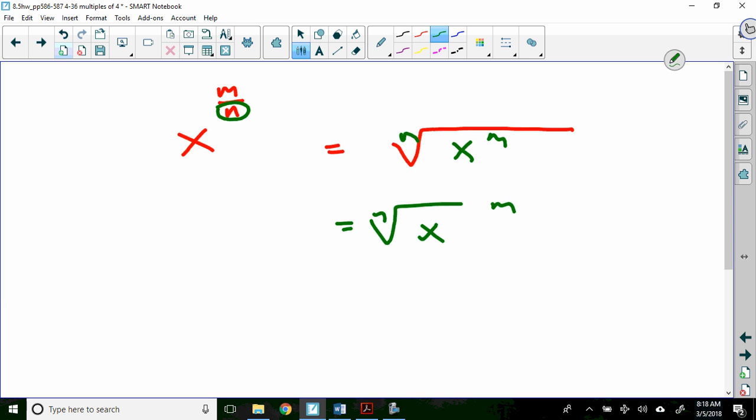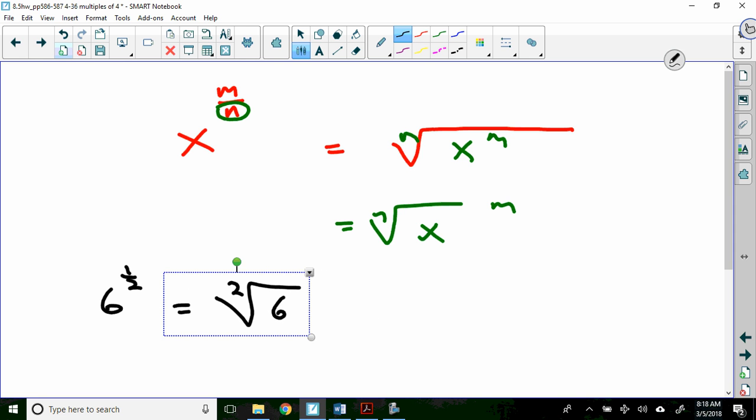So there might be a question on the quiz that asks you to rewrite something like this. I don't know. 6 to the 1/2 power. If you had to write 6 to the 1/2 power, that would be the square root of 6 to the first, or just the square root of 6.